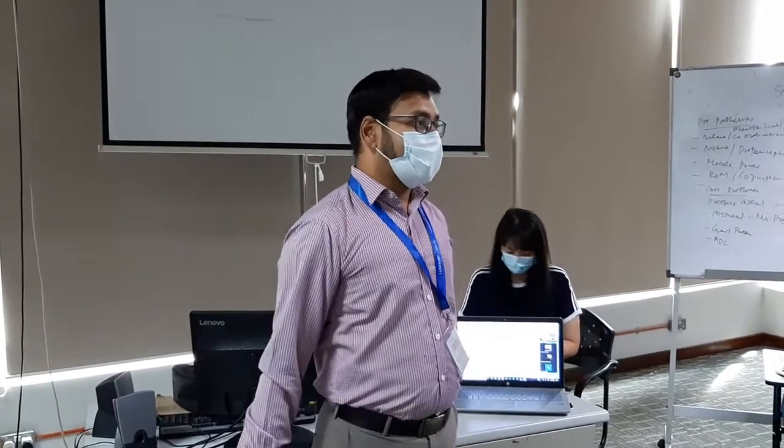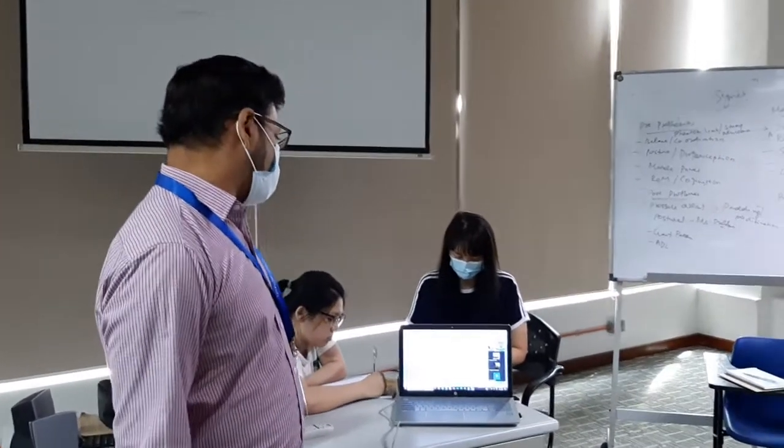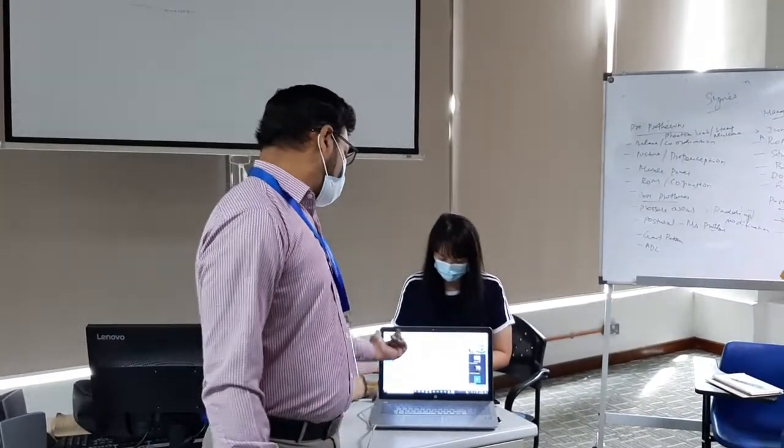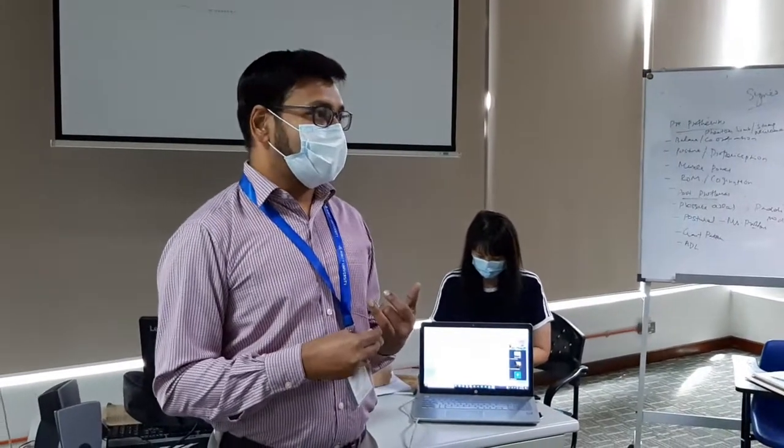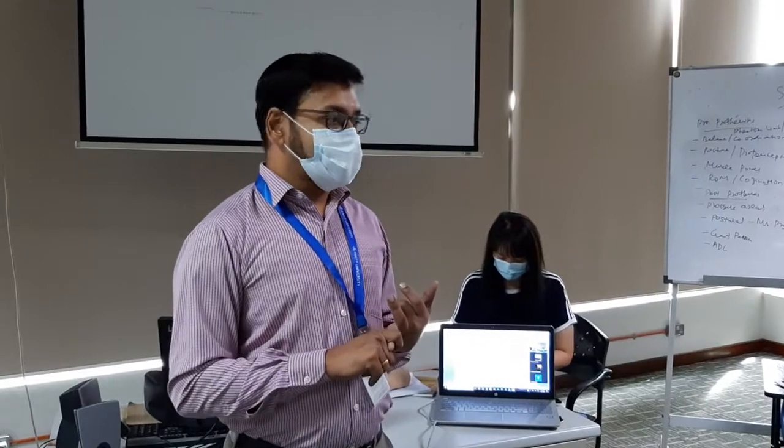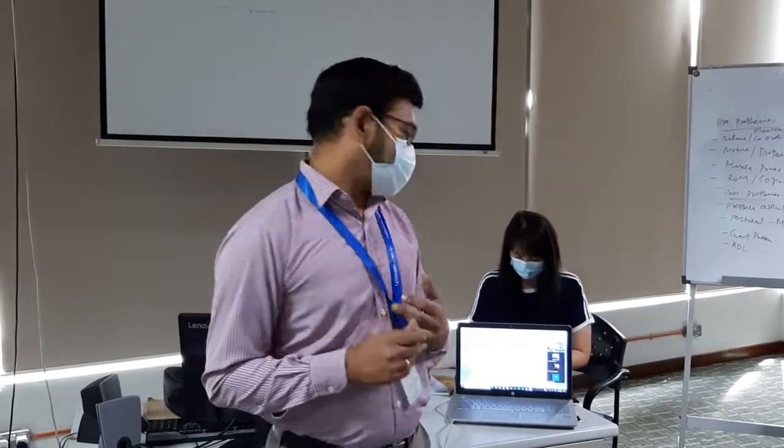So if C3 is affected, then surely there will be difficulty in breathing. The muscle weakness will be there. So here we have to do inspiratory muscle training along with diaphragmatic strengthening, right?